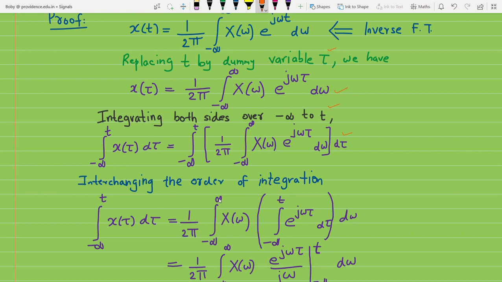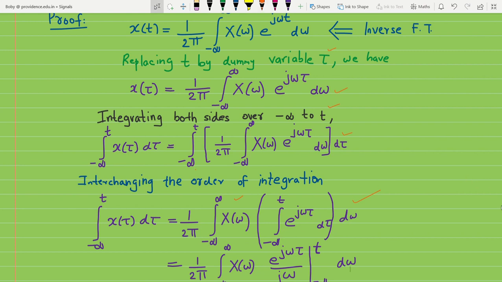So 1 by 2 pi goes outside, then integral minus infinity to infinity X of omega comes there. Then we take the integral minus infinity to t of e raised to j omega tau d tau, d omega. Okay, so the order has been changed.